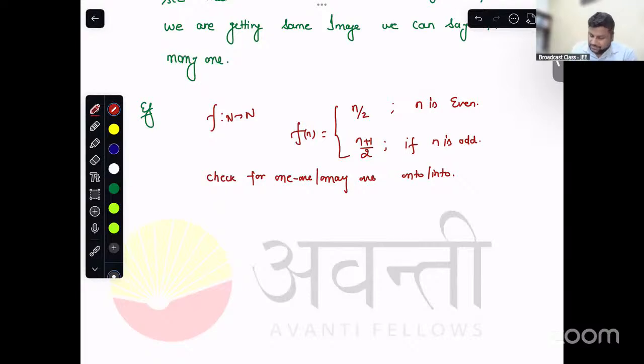Tell me what will be f(1)? 1 is odd, so we will put it in the lower branch.